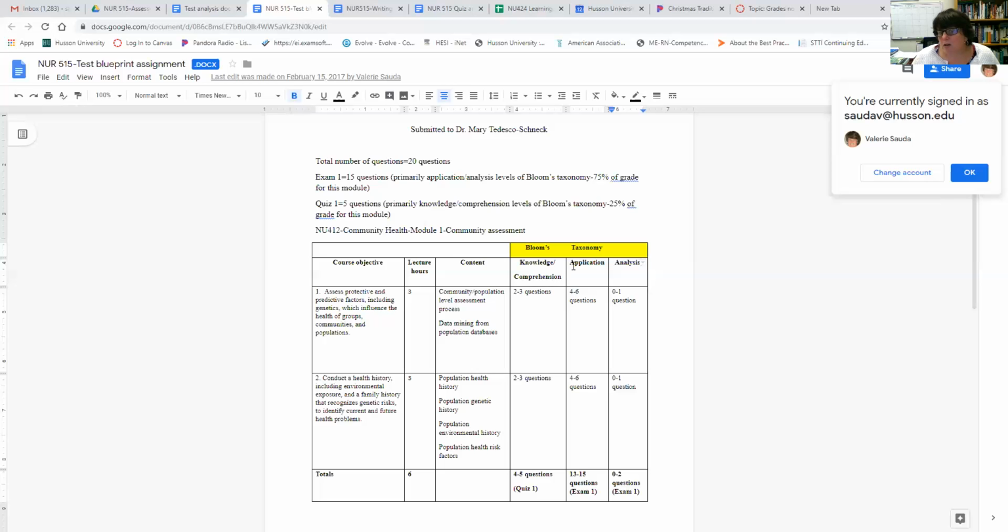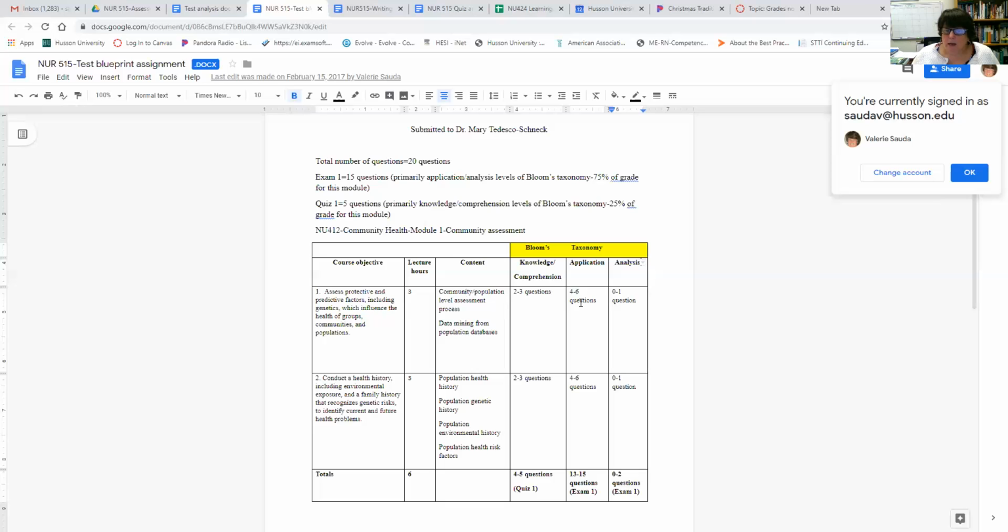The second column is the application level. This is where, as a nursing educator in the clinical or the academic setting, we really want to strive for this column as our baseline. This is an important piece of ensuring that our learners can not only understand and comprehend the information, but they can actually apply it to a clinical situation or a scenario.